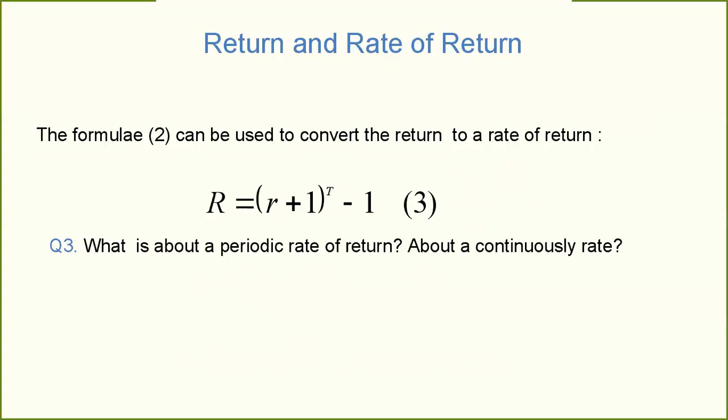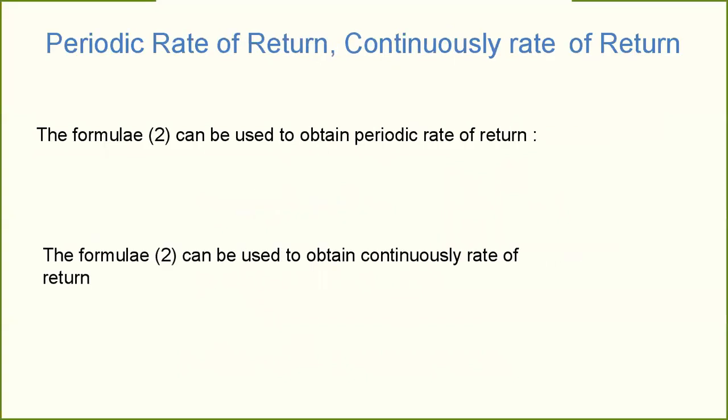It is the case where the period of compounding is divided into some equal periods. So formula 2 can be used to obtain the periodic rate of return.